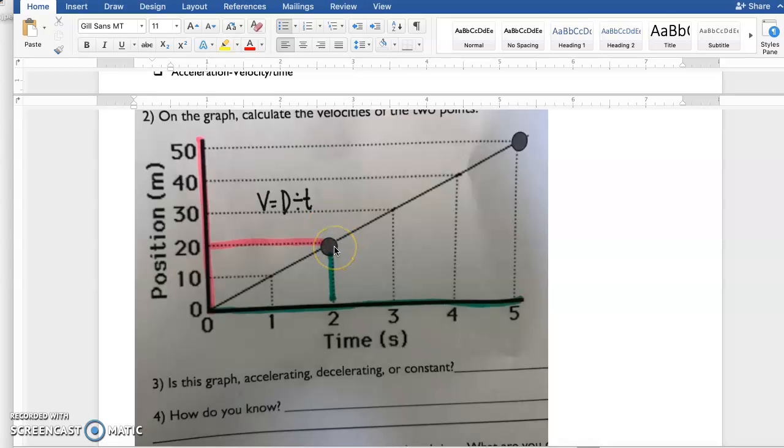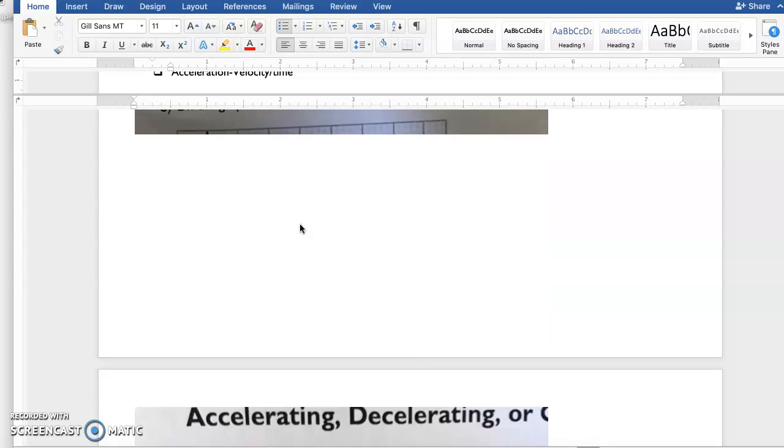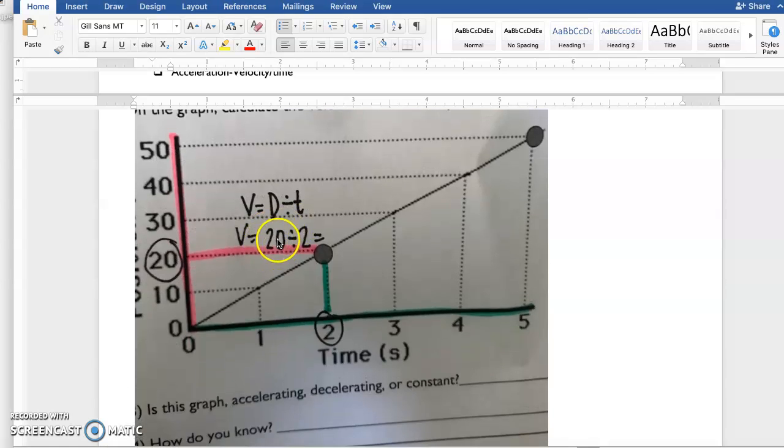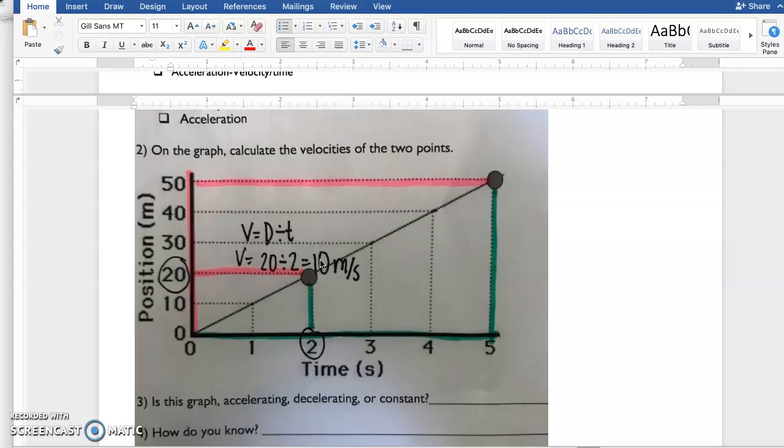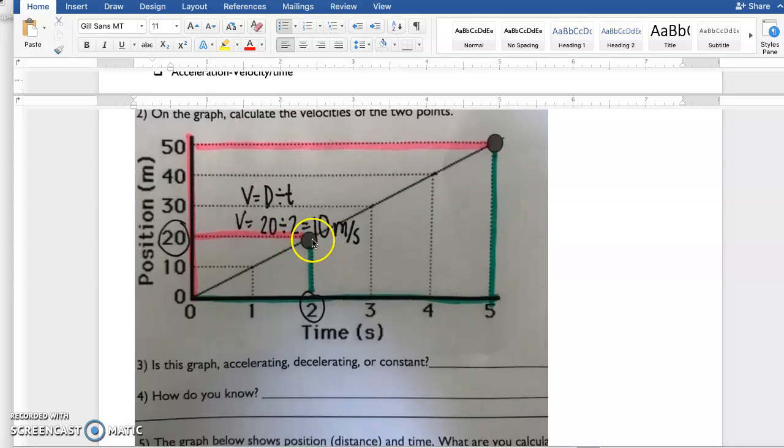So for this point, the distance is 20 and the time is 2. So this is 20 divided by 2. Obviously, the velocity at this point is 10 meters per second. Okay, same thing for the second point.